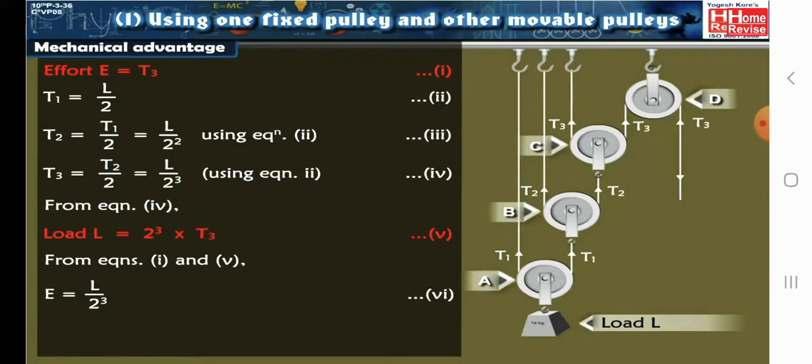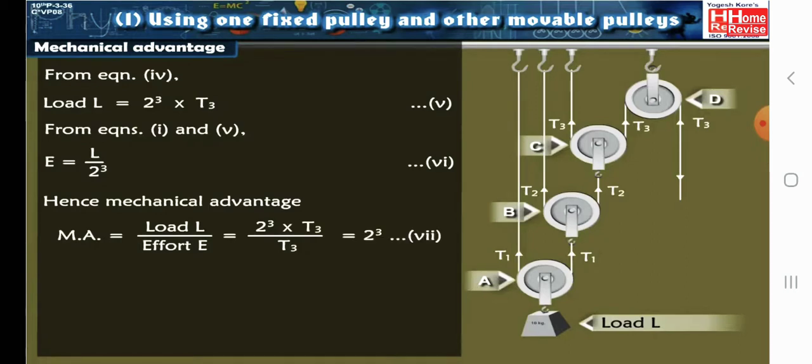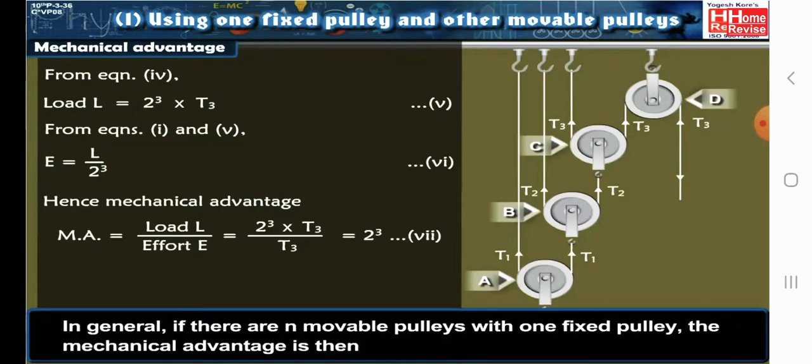Let this be equation sixth. Hence, mechanical advantage MA = load L/effort E = 2^3 × T3/T3 = 2^3. Let this be equation seventh. In general, if there are n movable pulleys with one fixed pulley, the mechanical advantage is then MA = 2^n. Let this be equation 19.